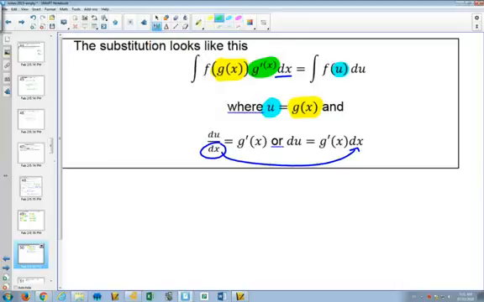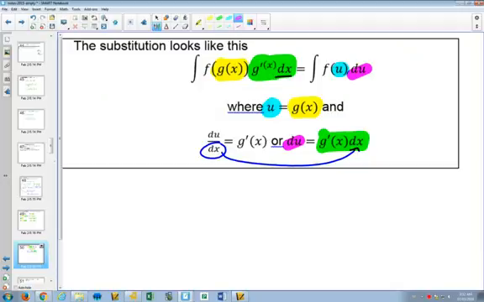I've highlighted g prime x here, and I'm also going to highlight the dx. Now I can replace that g prime dx with du. What I'm trying to do is change my complicated integral into a simpler integral. If I do that, I'll be able to integrate, and once I'm done integrating, I can substitute back to see what my original question should have looked like.